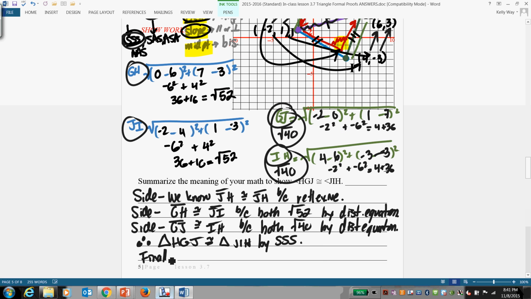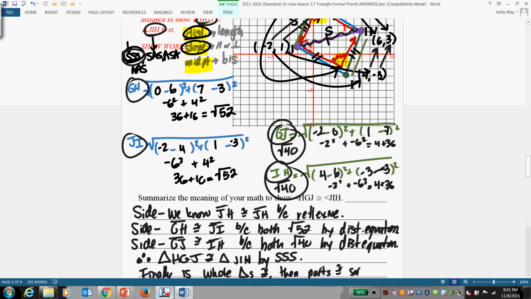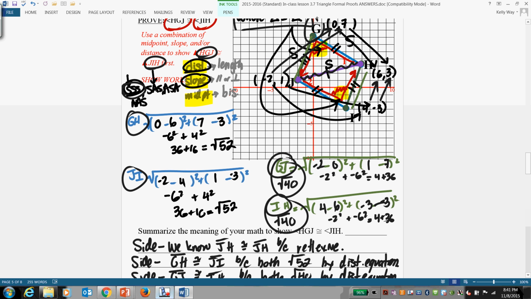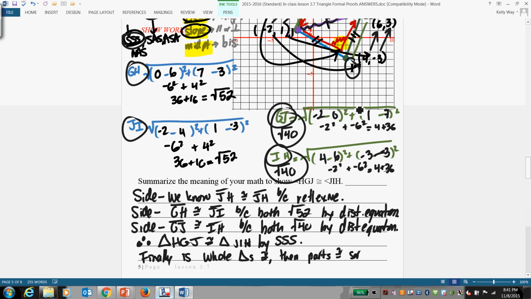Finally, if whole triangles congruent, then parts congruent. So we basically have angle G is congruent to angle I. And that's called corresponding parts of congruent triangles are congruent.